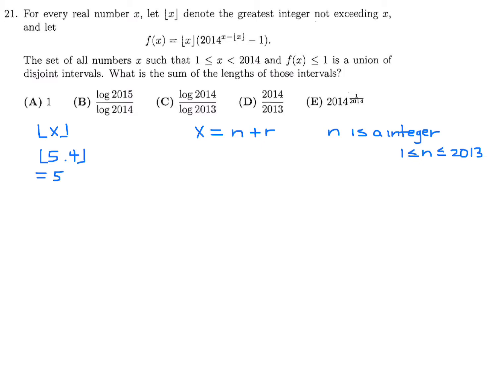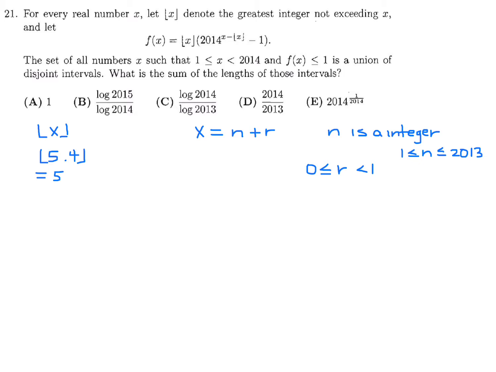So the integer part has to be at most 2013, but it cannot be 2014 because x has got to be less than that. And x is n plus r, where r is, of course, the decimal part, so r is between 0 and 1. It's some decimal that's obviously less than 1.